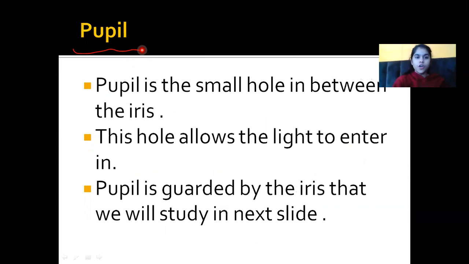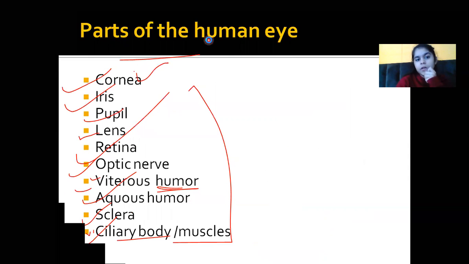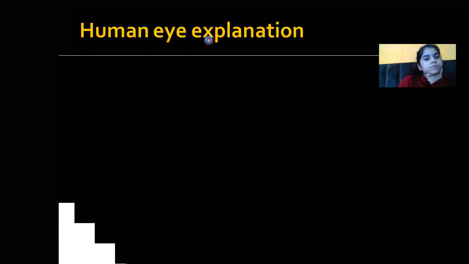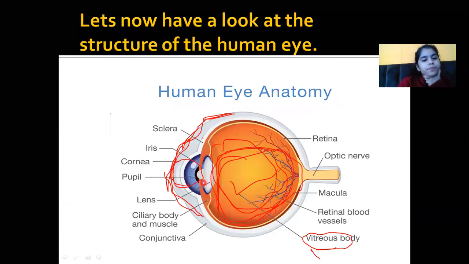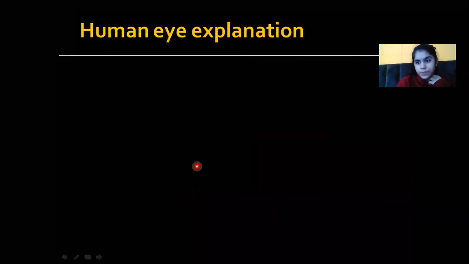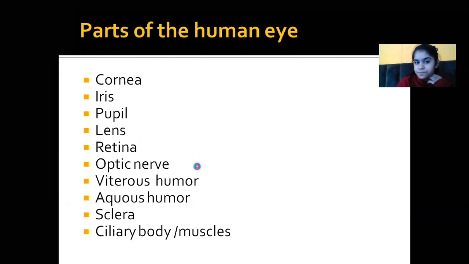Quickly, let us move to the pupil. What is the pupil? I just told you, it is a small hole. It is that black hole in the eye. See, this black hole is your pupil. And what is the function of the pupil?